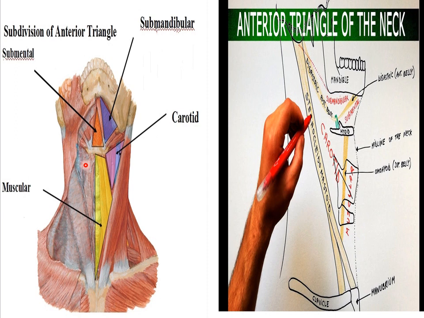We shall discuss those triangles in detail, but here in this picture we can see the submandibular triangle, nothing but the digastric triangle. How many digastric triangles do we have? One here and the other on the other side. So 2 digastric triangles. Then we have 2 carotid triangles, the right and left side.